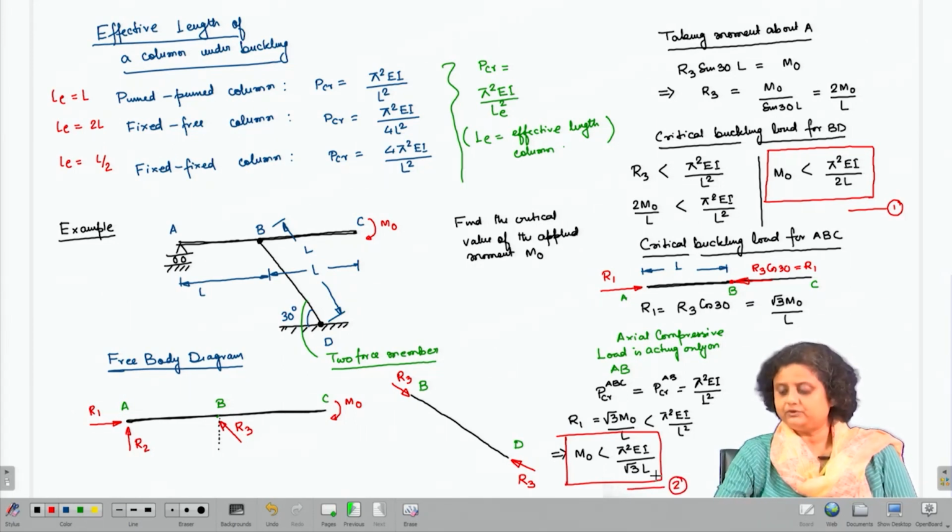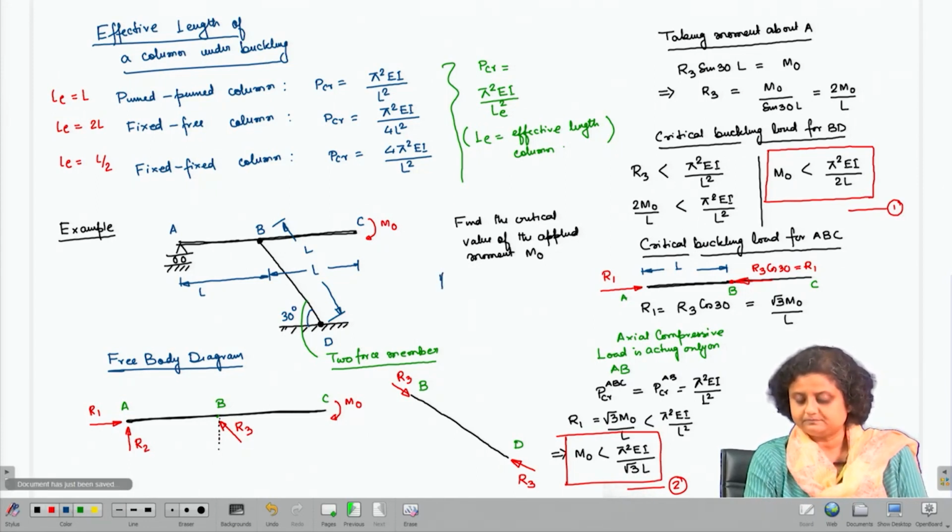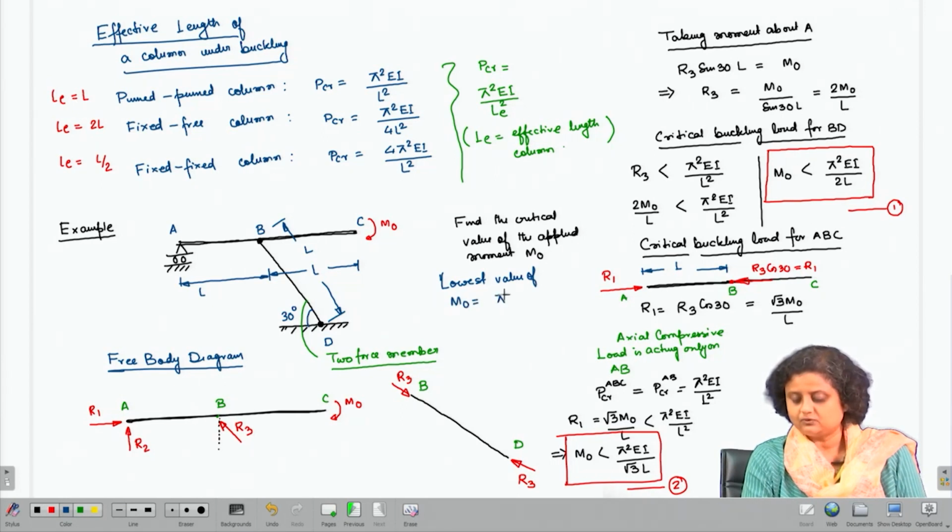Now, if we see criteria 1 and criteria 2, we have to take the lowest of these two. Therefore, the lowest value of m0 is equal to pi square EI by 2L.